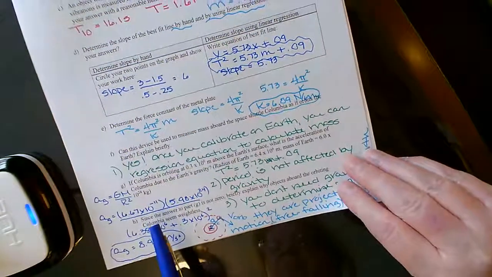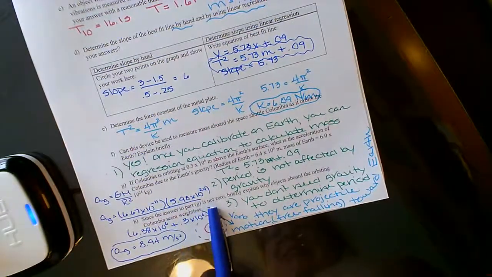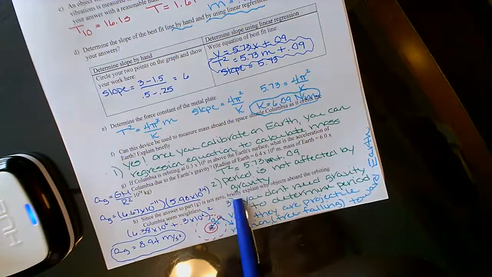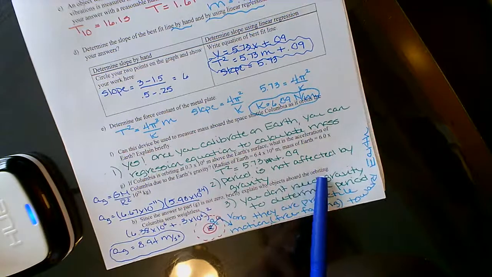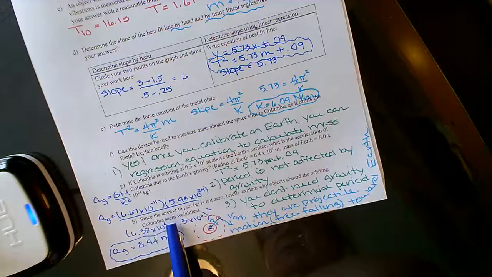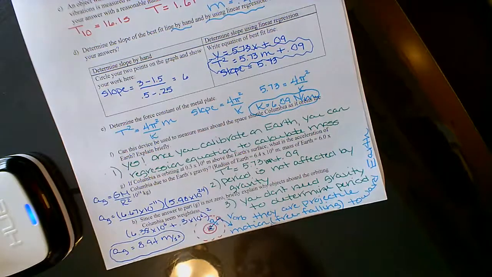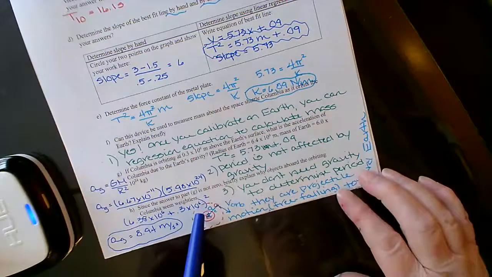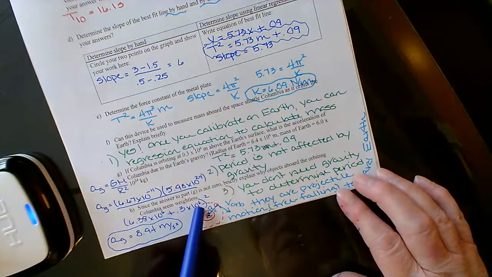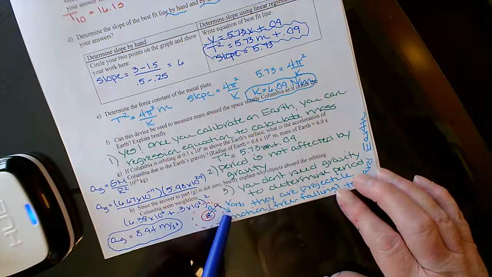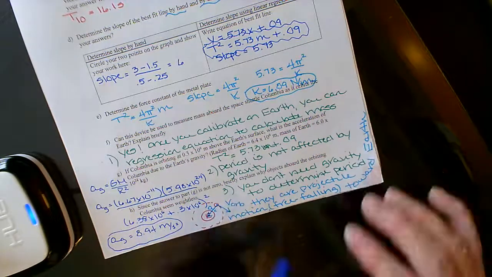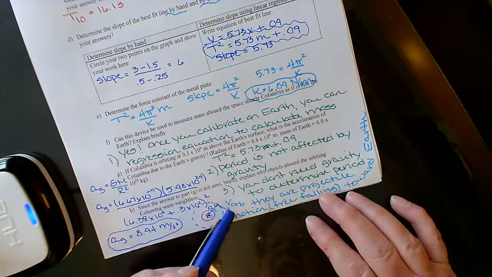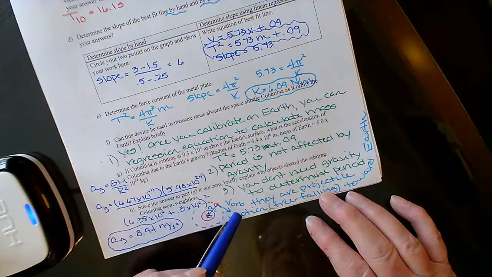Letter H. Since the answer to G is not 0, briefly explain why the objects and the people aboard the orbiting spaceship seem weightless. Why are they floating around? So I drew a picture here of the Columbia spaceship orbiting. And when it's orbiting, it has an orbital velocity, and the velocity acts tangent to the circle.